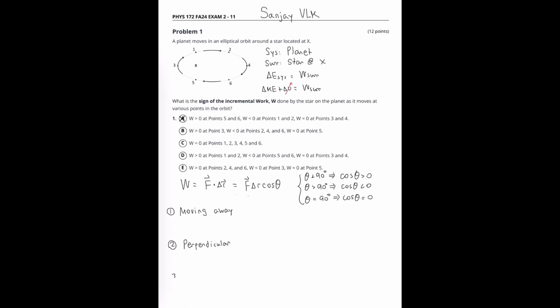And 3, moving closer to the star. So it's moving away at 1 and 2. It is perpendicular at 3 and 4. And it's moving closer at 5 and 6.